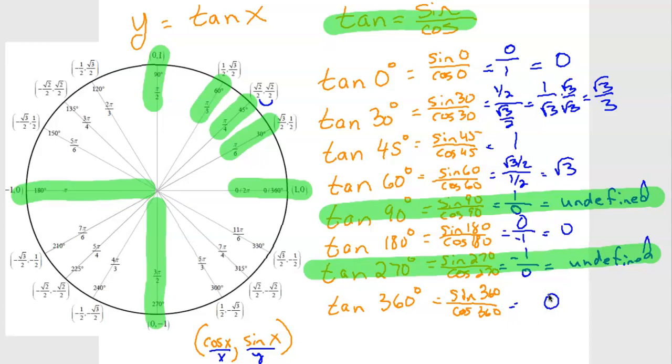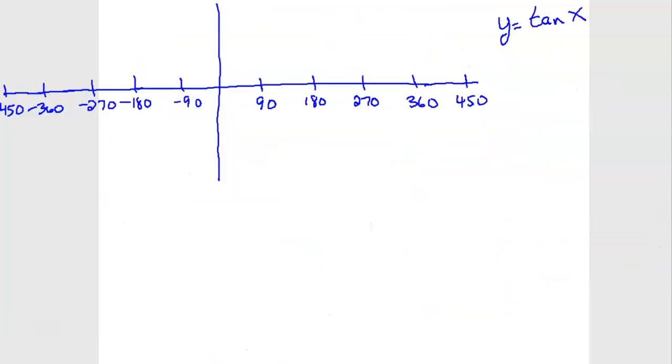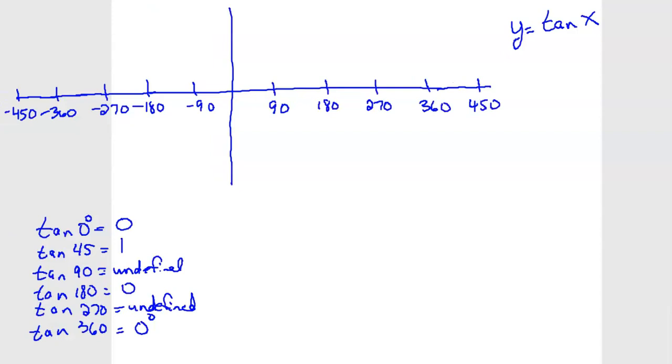We have some important points to realize, and now we're going to take those values and graph them on the tangent. When we start graphing the tangent function, I want you to recall what we just wrote down. Notice specifically that the tangent of 90 degrees is undefined, so the tangent function can't happen there.